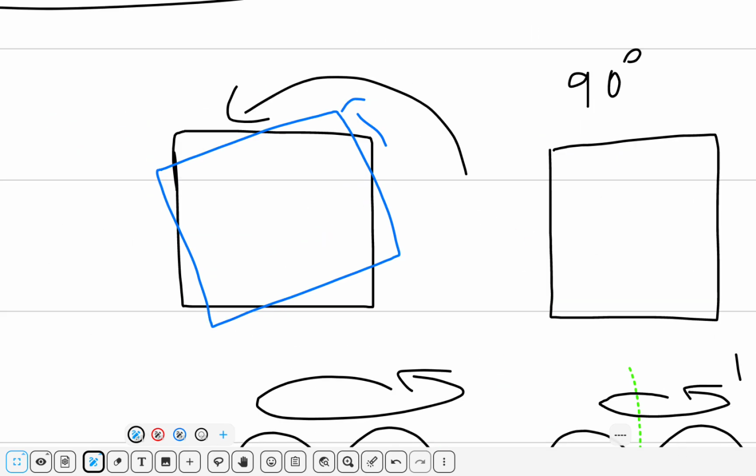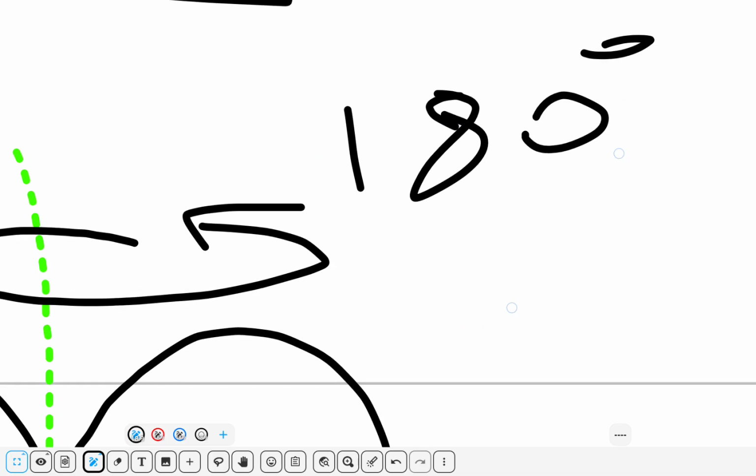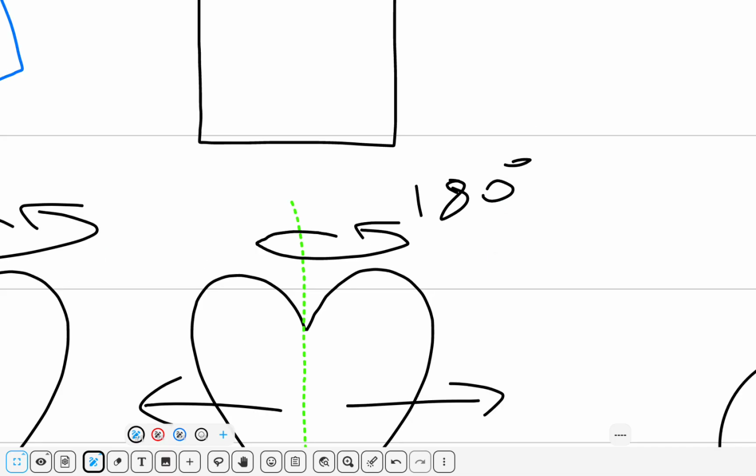For the square I have to go 90. Only if I orient it in a specific way will it give me back my old shape. You will not be able to tell if I reoriented it or not.